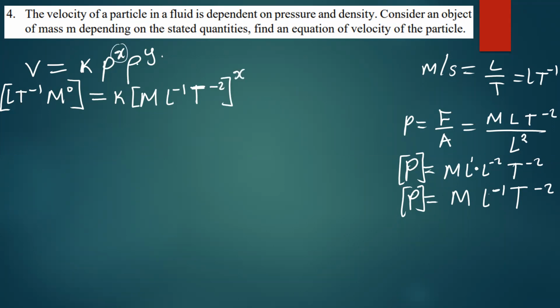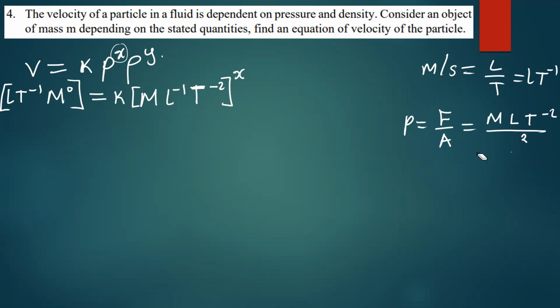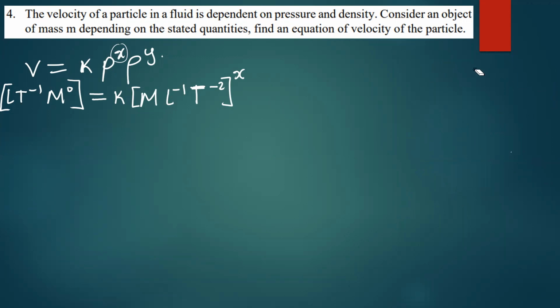So we're multiplying this by the dimensions for density. So let us also derive the dimensions for density. We know that density is simply the mass over the volume.